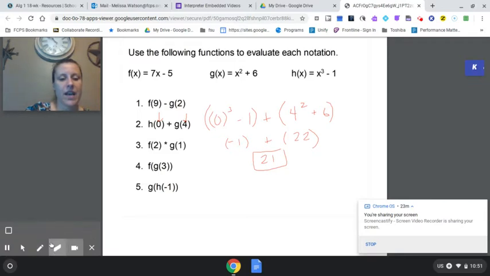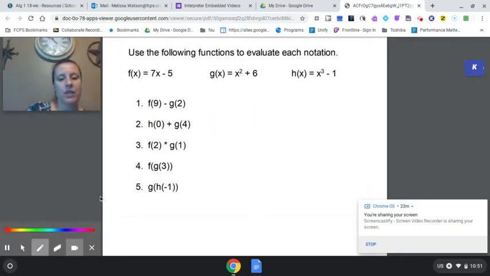All right, number 3, we're taking f of 2 and multiplying it by g of 1. So plugging 2 as the input into f's function would say 7 times 2 minus 5. We're multiplying that by g's function evaluated with an input of 1.